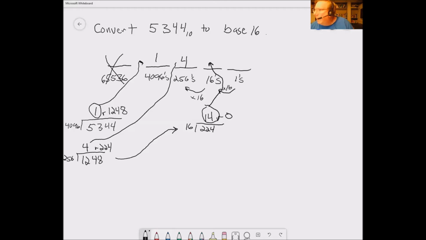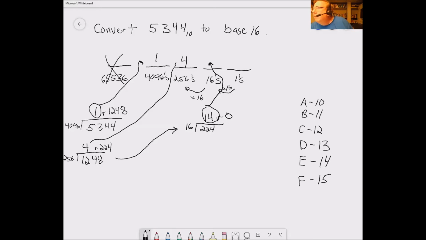This is why we use these capital letters to represent what would normally be 2-digit numbers. The next one would be a 16, but that would be represented as 1-0 in the base 16 world. So when you're doing these calculations, every division should give you a single digit.